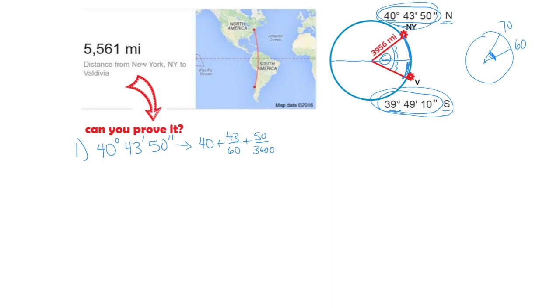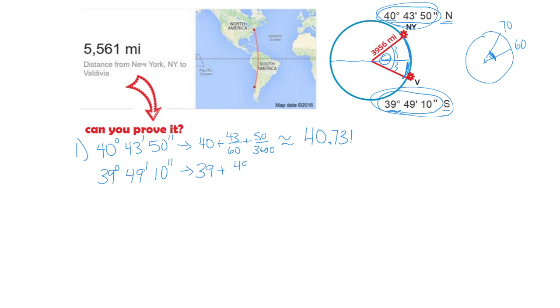All right, I just did that, and I got that to be 40.731. Okay, you're going to do the same thing with the other angle. You got 39 degrees, 49 minutes, 10 seconds. Use your conversion. It's going to be a 39.